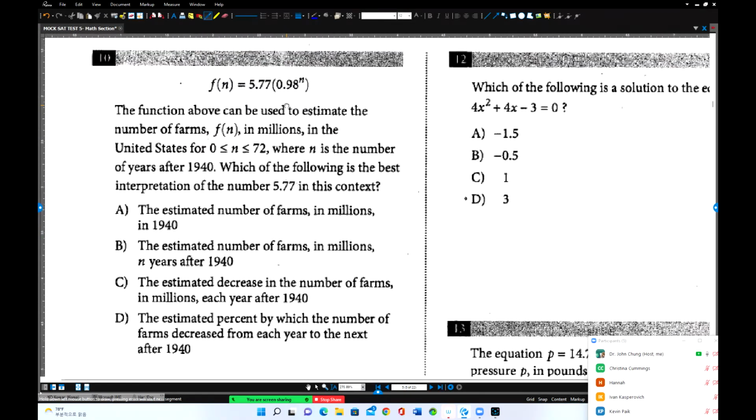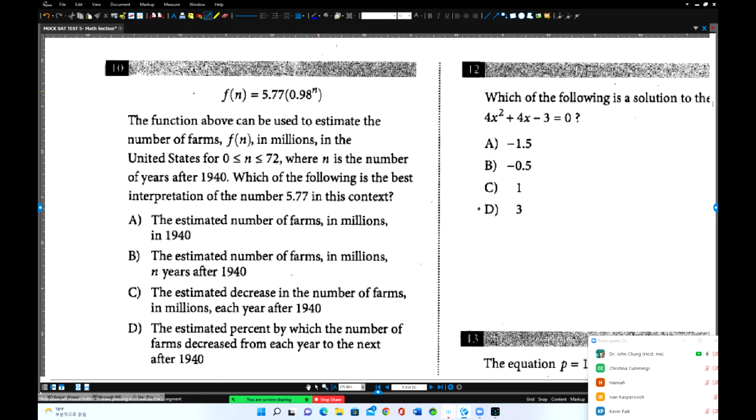We are on 11 over here. F of n estimates the number of pumps, in millions, in the United States from 0 to 72. So the beginning, when n equals 0, means the year 1940.